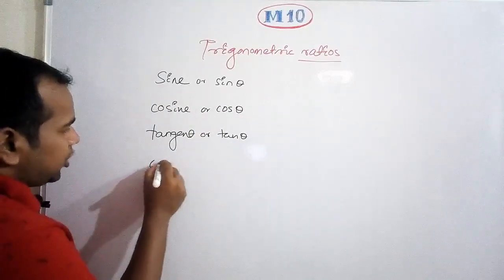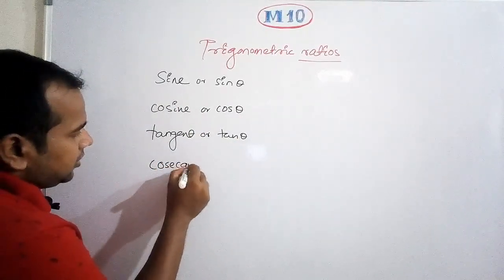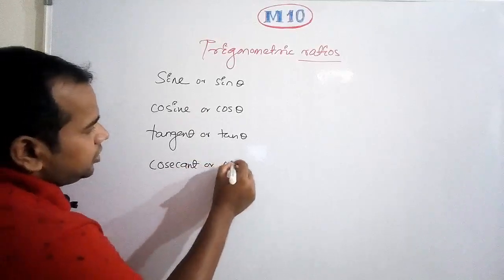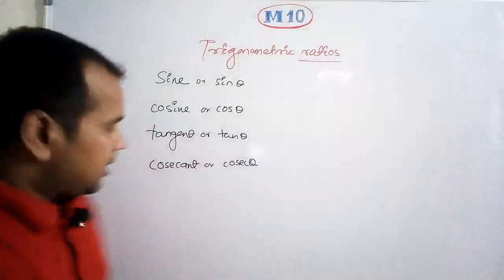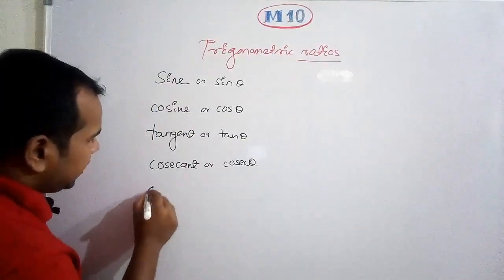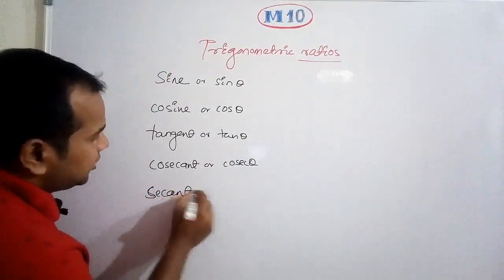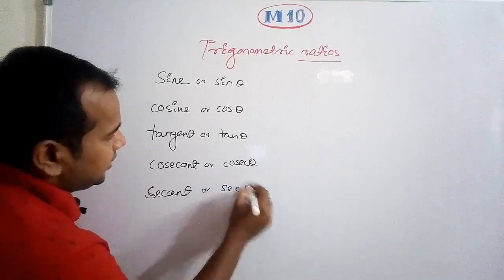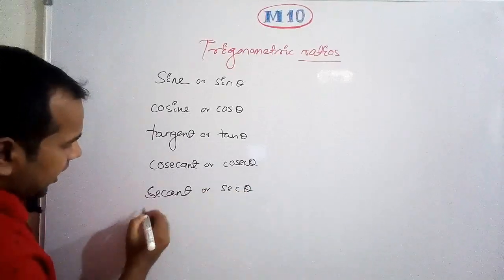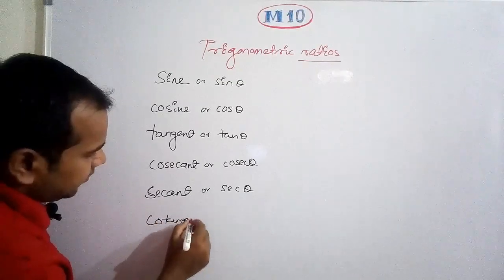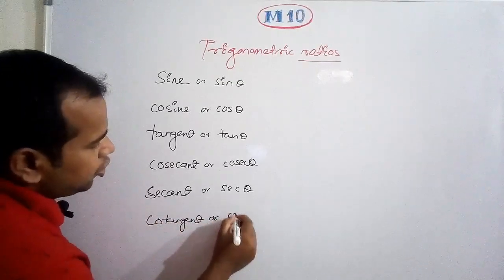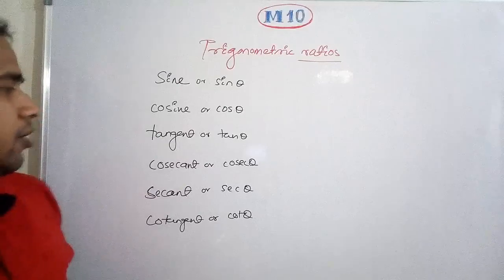Then let's write cosecant, which is known as cosec theta. Next comes secant, or sec theta, and lastly cotangent, or cot theta.